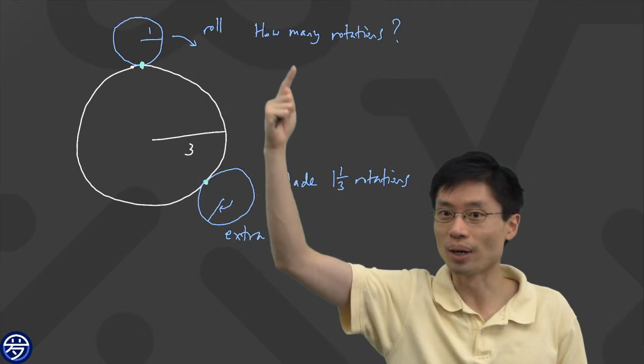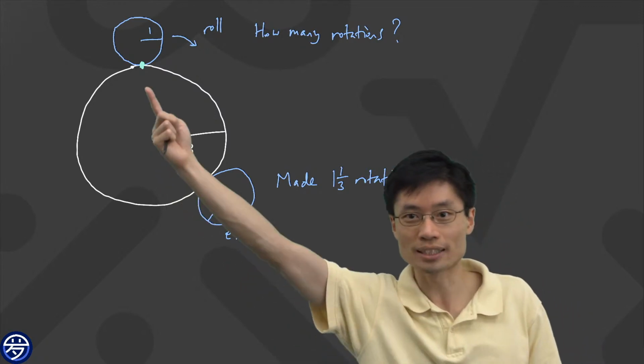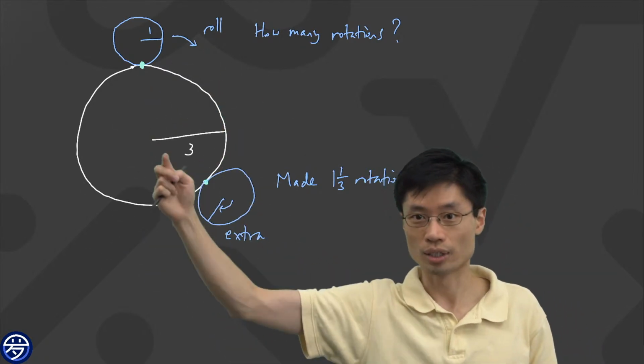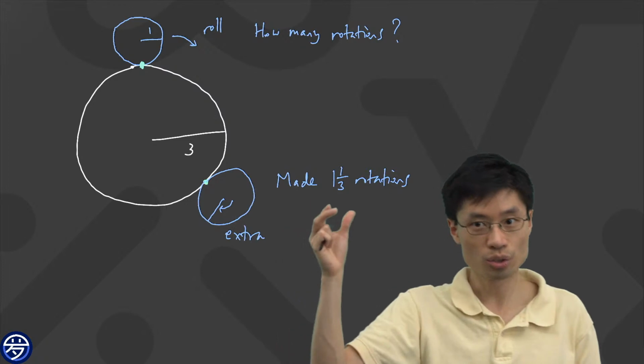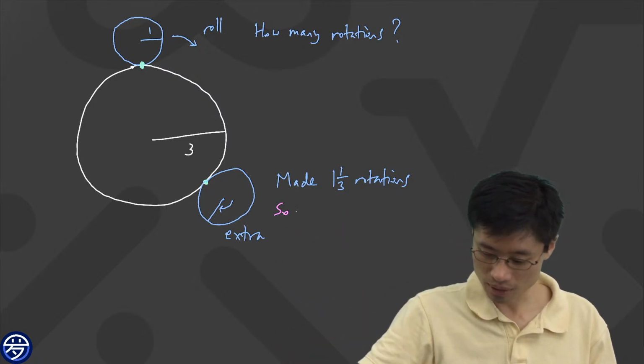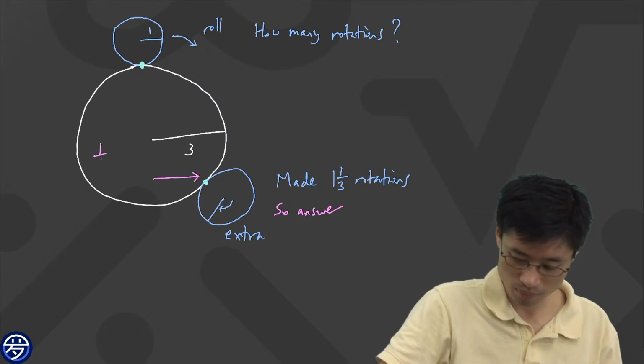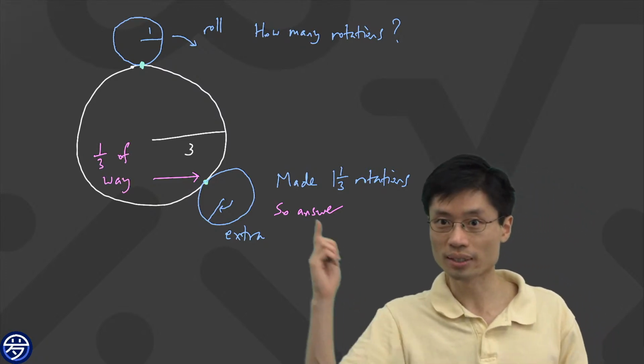When you've gone around 1/3 of the way, it has made 1 1/3 rotations. And if that's the case, by the time you go all the way, instead of 1/3 of the way, you'll make 3 times this rotations. So the answer, this is 1/3 of the way. When you've gone 1/3 of the way, you're here.